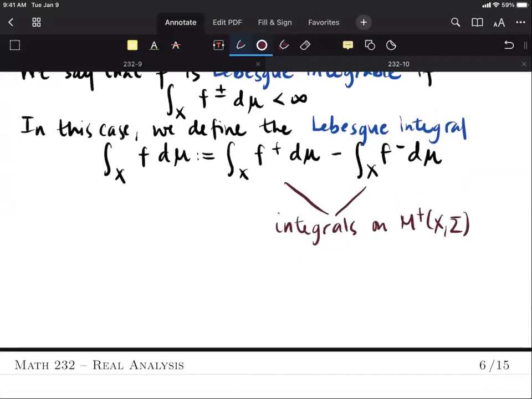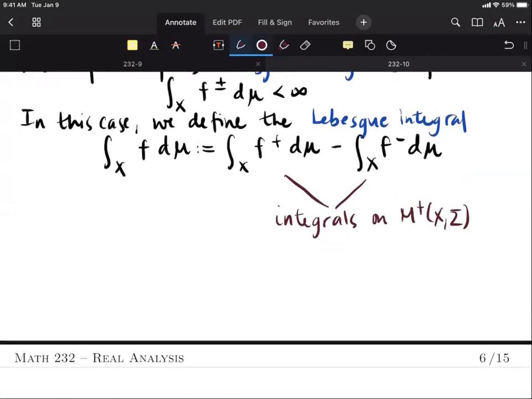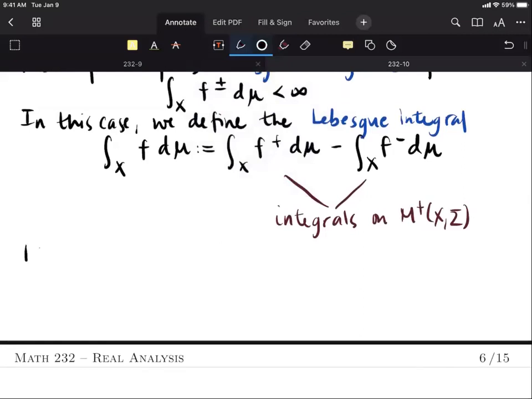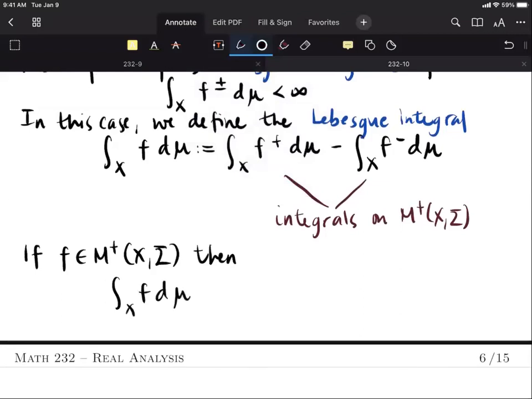Take note that this is consistent with the Lebesgue integral for non-negative measurable functions. That is, if f is non-negative and measurable, then its Lebesgue integral is the same as when f is viewed as a non-negative measurable function.